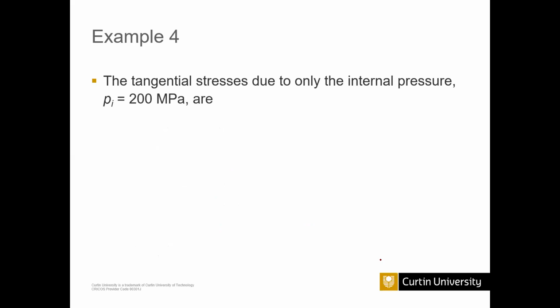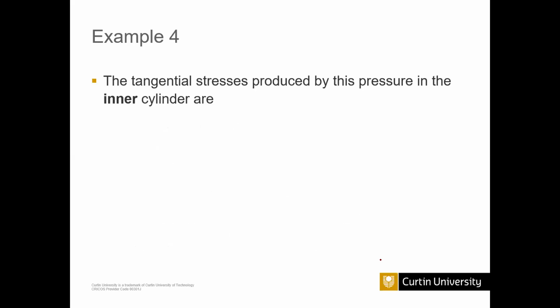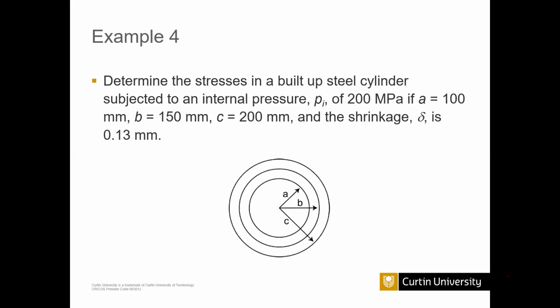Now we already found the tangential stress due to contact pressure in this contact interface. Due to that, this outer cylinder tries to expand. This will push this side, this will push this side.